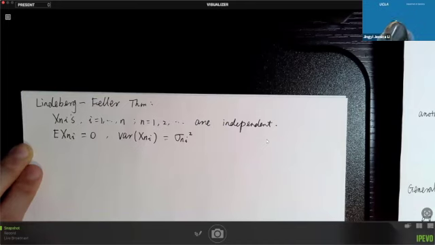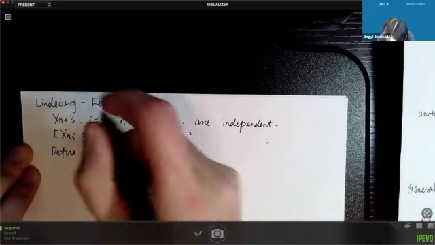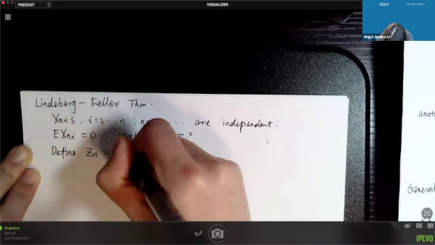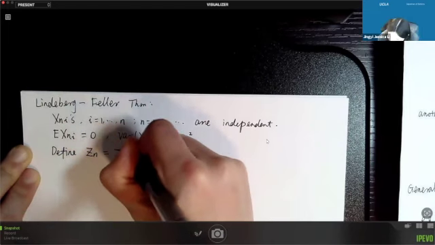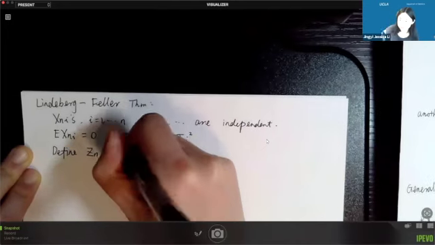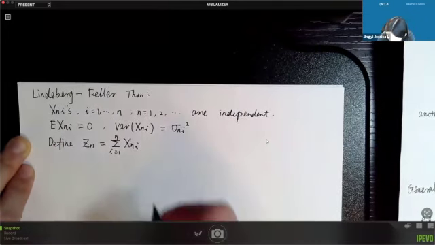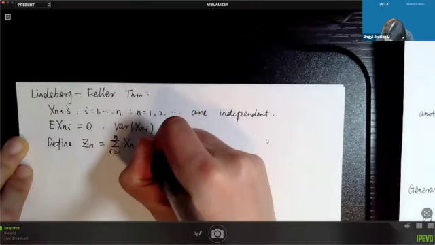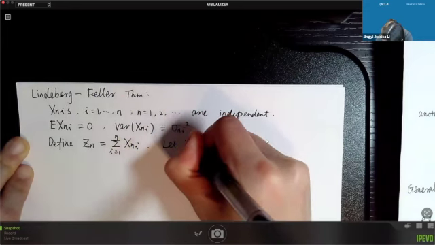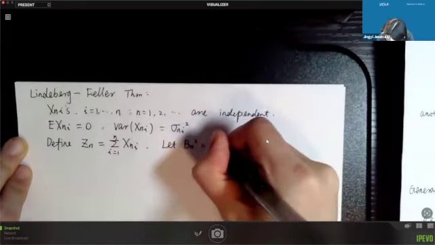Okay, then define Zn to be the summation of Xni, i goes from 1 to n. So this is the summation of the random variables in the nth row. And also, we let Bn squared denote the variance of Zn.